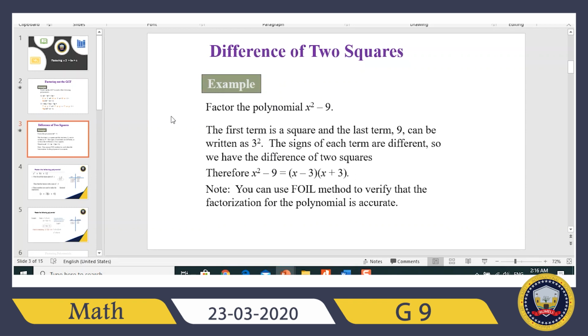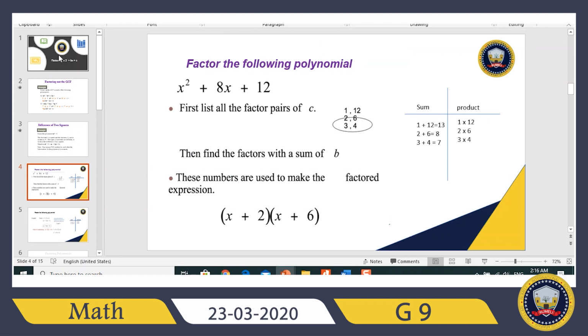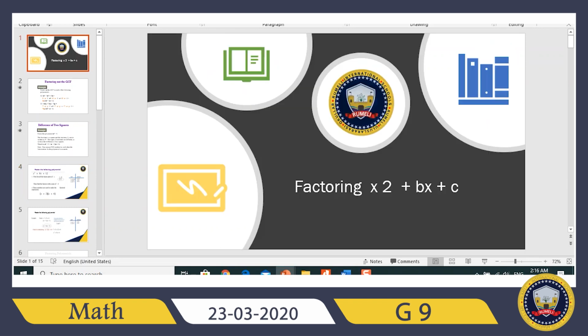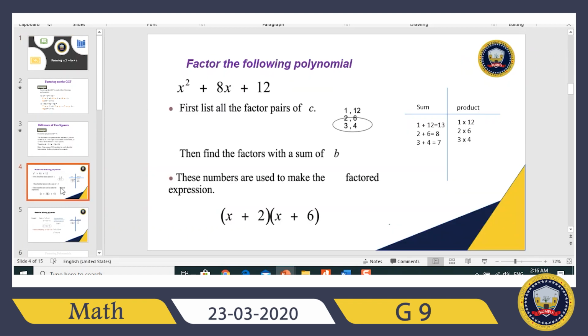Today we're going to take the 4th method. So now we've covered 3 methods of factorizing. Now we're going to cover the 4th method, which is factoring the trinomial x squared plus bx plus c. So the question will be like this: factor the following polynomial: x squared plus 8x plus 12.